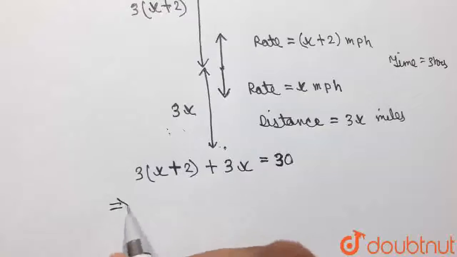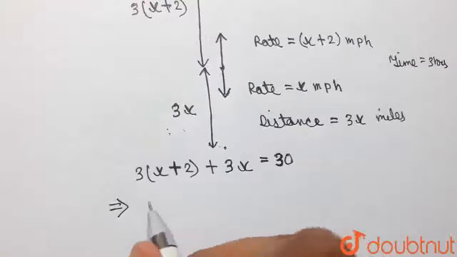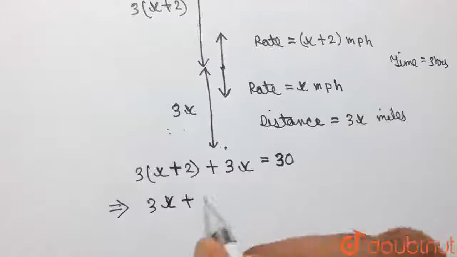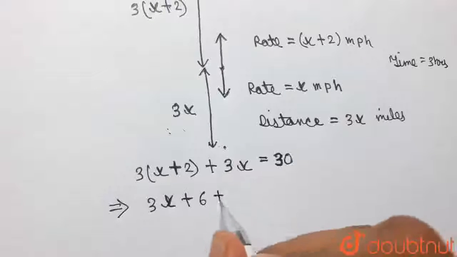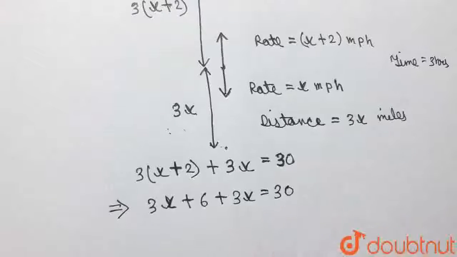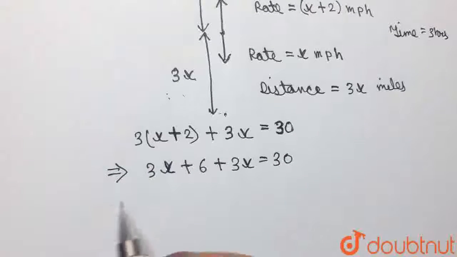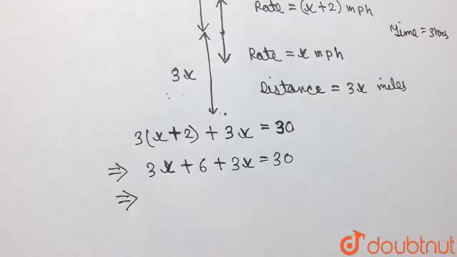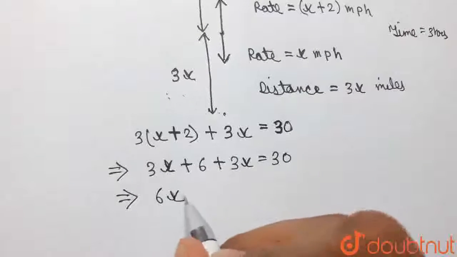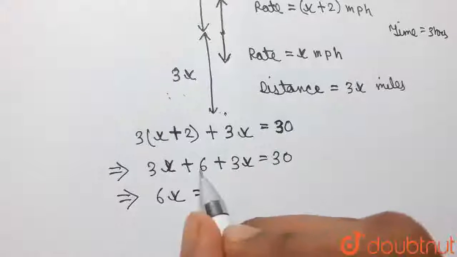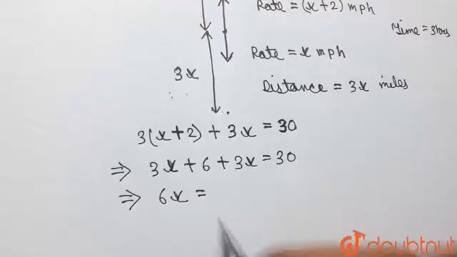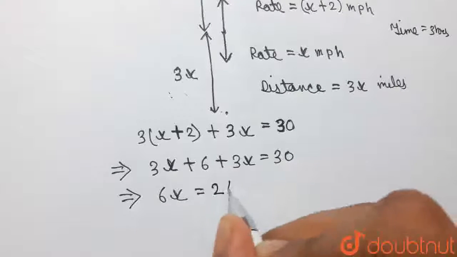Simplifying this equation, 3 into x plus 2 can be written as 3x plus 6, plus 3x, equal to 30 on the right hand side. Adding the x terms, 3x plus 3x is 6x, and this 6, if taken to the right hand side, gives 30 minus 6, which is 24.